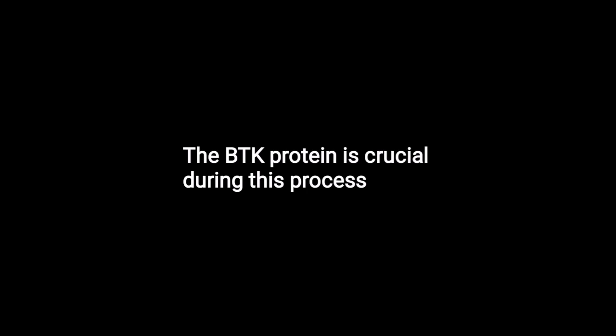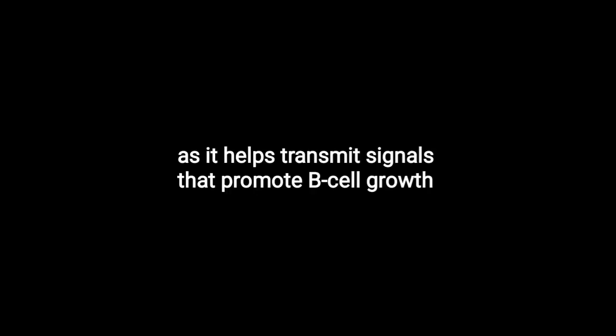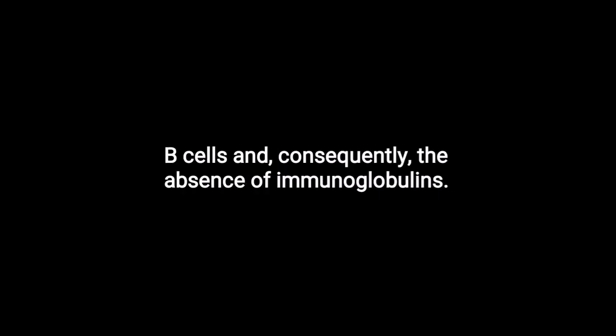The BTK protein is crucial during this process, as it helps transmit signals that promote B cell growth and differentiation. When this signaling pathway is disrupted due to the mutation, B cells fail to mature properly, leading to a significant reduction in the number of circulating B cells and, consequently, the absence of immunoglobulins.